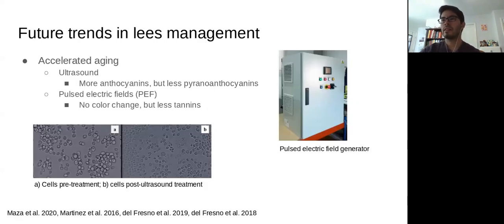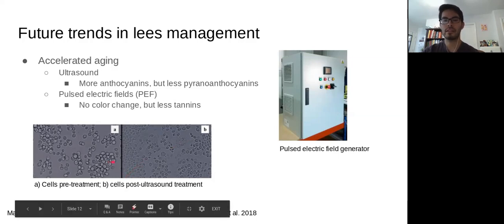So I thought I'd end this by talking about accelerated lees aging techniques. The primary motivation behind these techniques is to reduce lees aging time and the costs associated with that by basically inducing autolysis rapidly. So the first technique that I'll highlight is ultrasound treatment, which basically causes cavitation. This image shows untreated cells on the left and then ultrasound treated cells on the right.